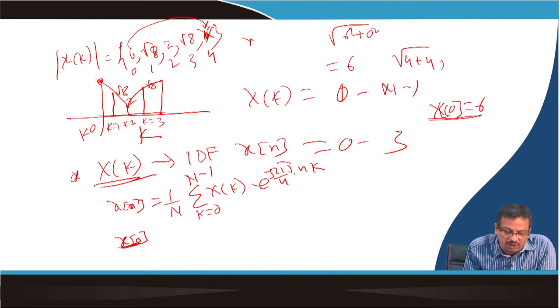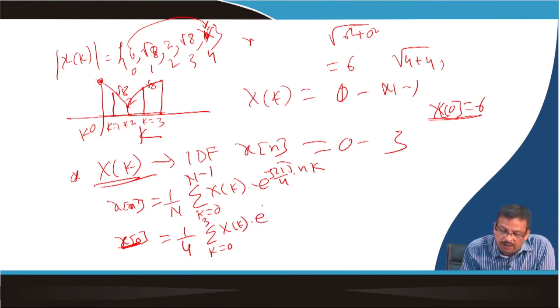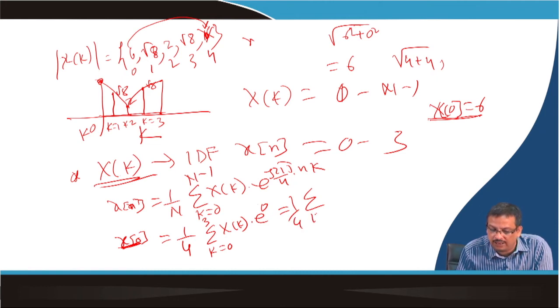So the 0th sample is equal to 1 by N, 1 by 4, sum over k equal to 0 to 3 of X of k into e to the power 2j pi kn by 4. With n equal to 0, it is e to the power 0. So it is nothing but 1 by 4 sum over k equal to 0 to 3 of X of k.